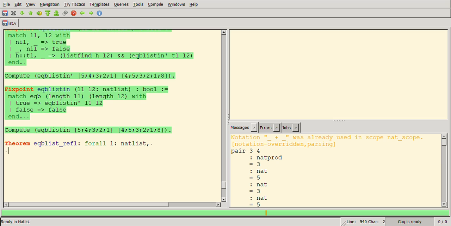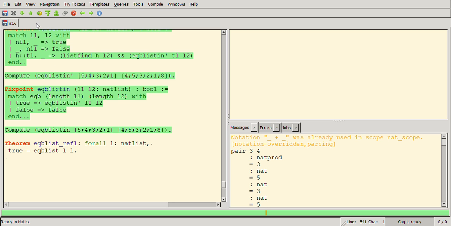We say that true is equal to equality list L L. So the Boolean equality defined on list gets the same list twice. It just compares a list L with itself, and it says that when a list is compared with itself, it is always equal to itself. So this is called the reflexive property.